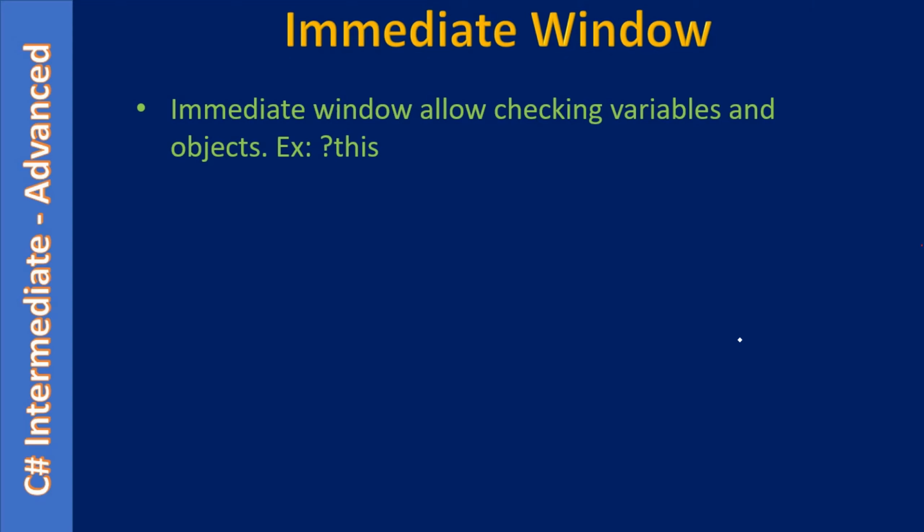For example, you can even experiment with some values, let's say the content in the prodId variable or object. After this you have to hit enter, then it will display the content of prodId. If it is an object, it will list all the members here.